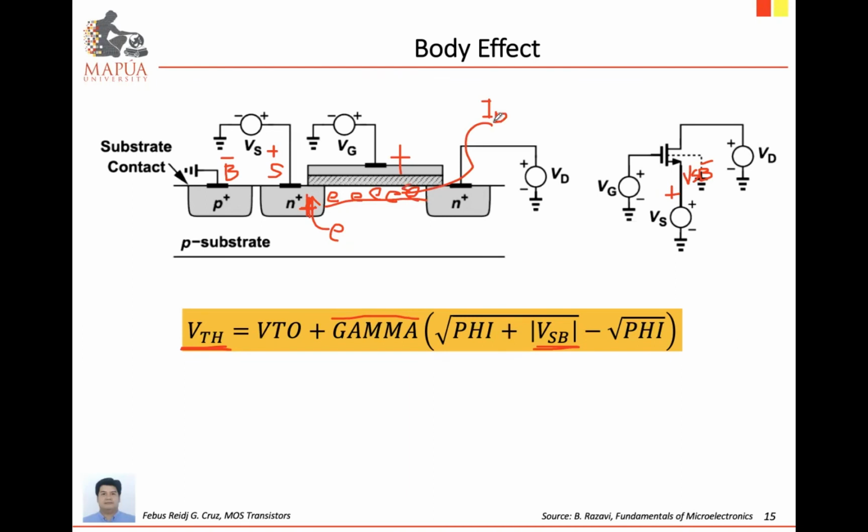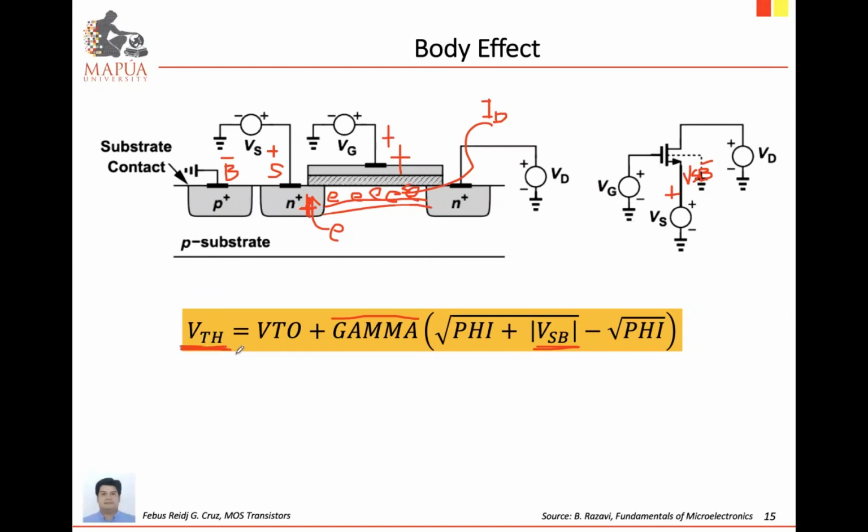Naintindihan ba? Yes, sir. If you want to produce the same amount of channel, then you have to apply a higher gate voltage, and that is reflected in the threshold voltage.